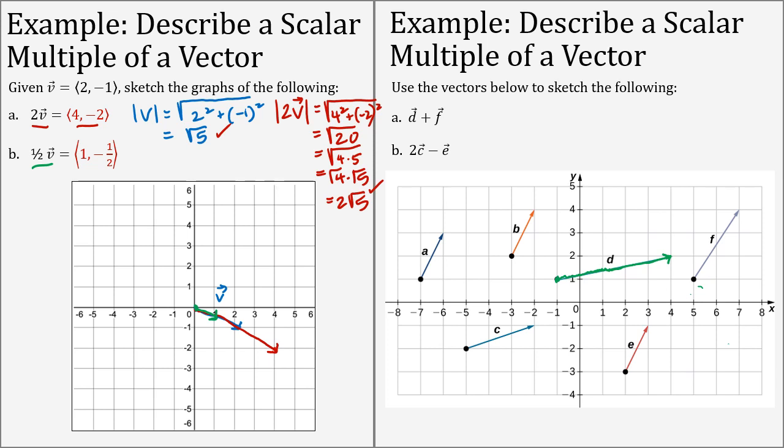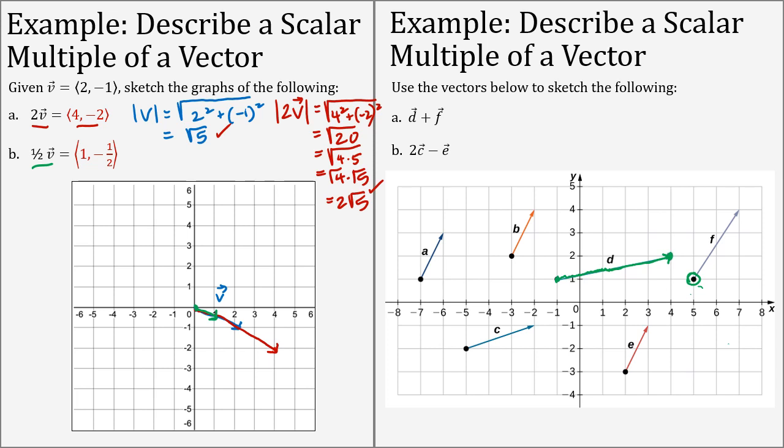And vector F, I'm going to pick vector F up, and I'm going to connect its initial point to the terminal side of vector D, okay?